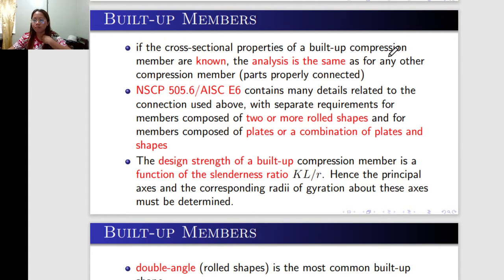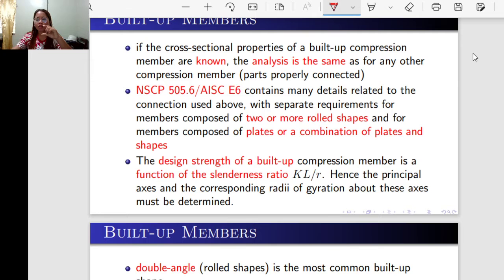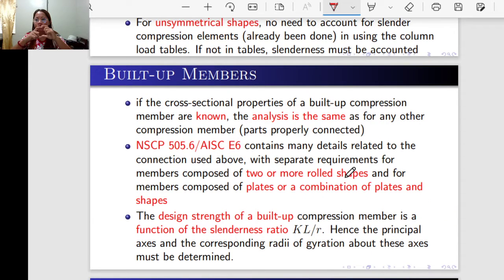Built-up compression members are members you intentionally make, like you have a C shape, and you make it into a rectangle shape. So two C shapes, you weld them to make a built-up member.